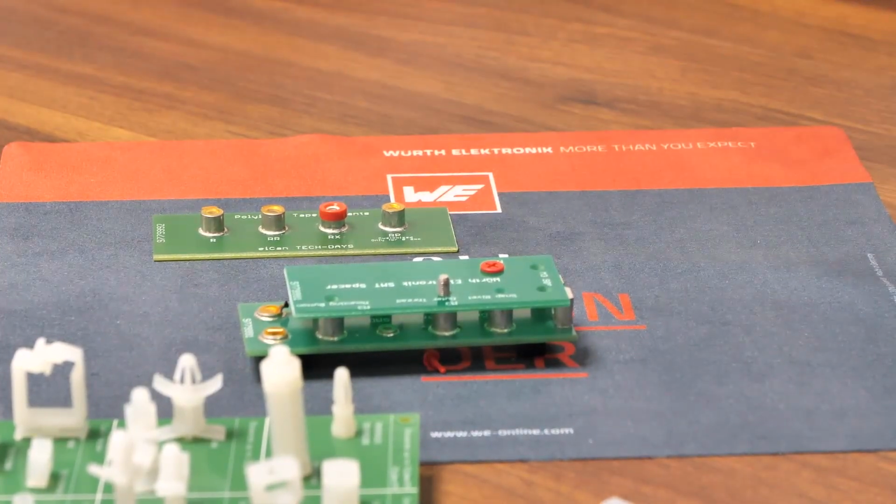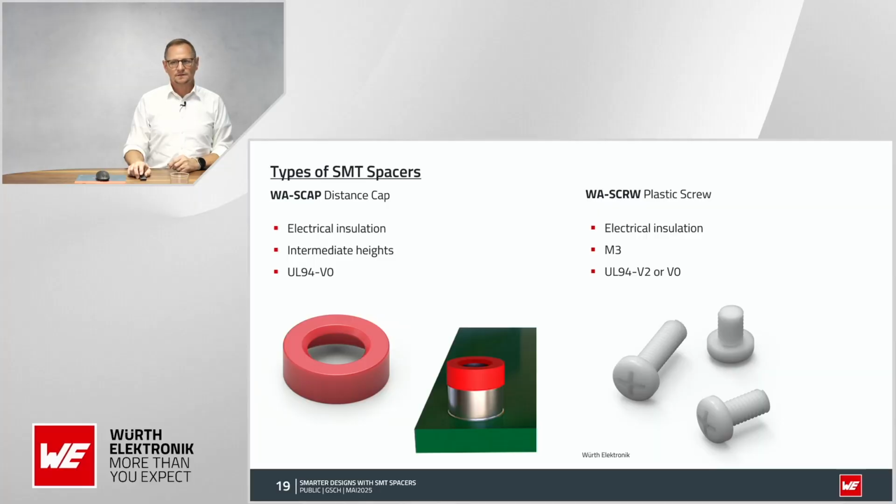Next one is a plastic screw, especially when you need electrical insulation. They're available in M3 and also in 2 different flammability classes.